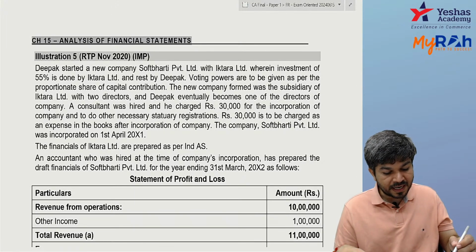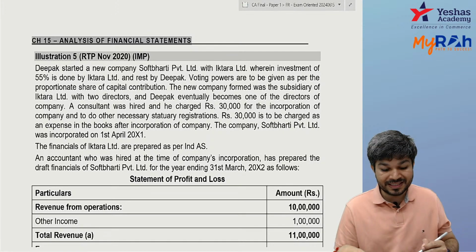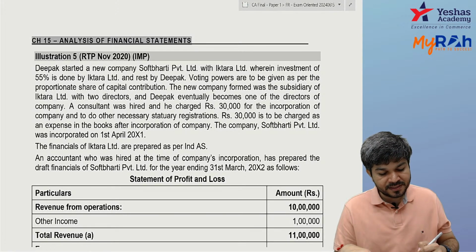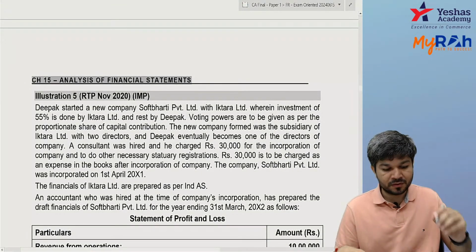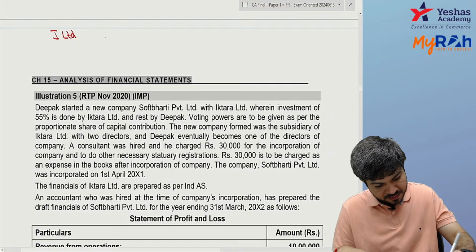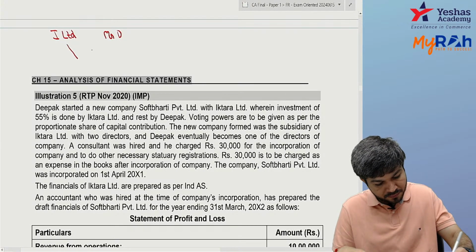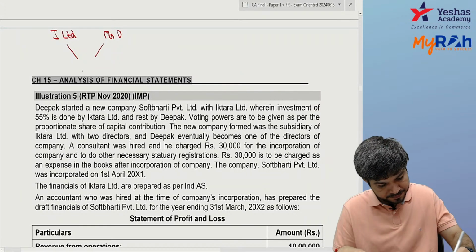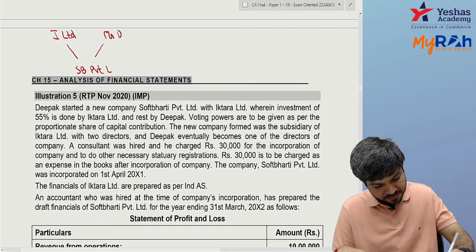Okay, Deepak started a new company, Soft Bharti Private Limited, with Iktara Limited, wherein investment of 55% is done by Iktara and the rest 45% is held by Deepak. So they come together and form Soft Bharti Private Limited.